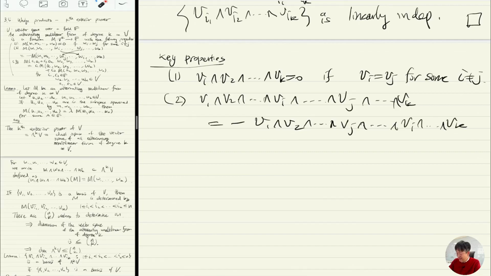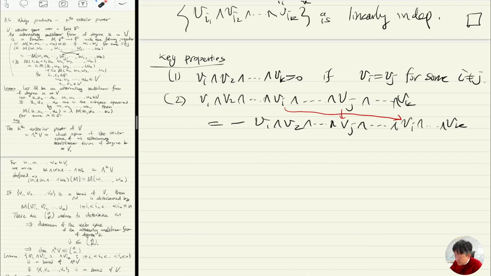It's difficult to write here. So they change the locations, right? When you change the ordering of two elements in the wedge product, then the whole thing is the same except you put -1 in front. And that's again implied by the second property of the alternating multilinear form.